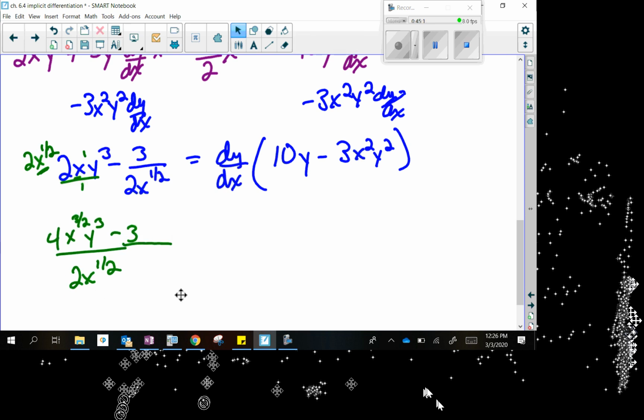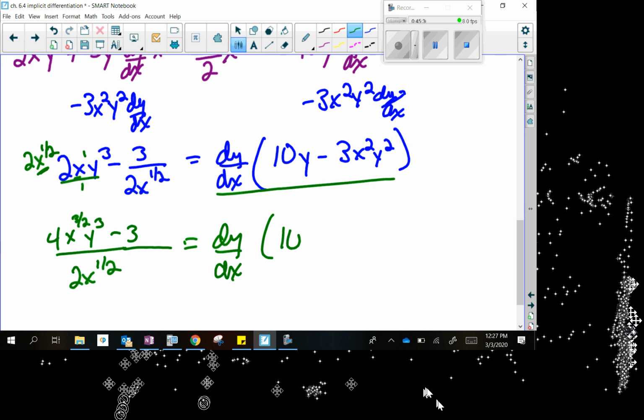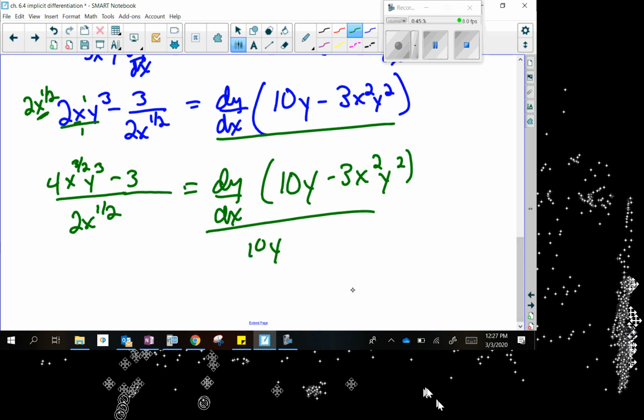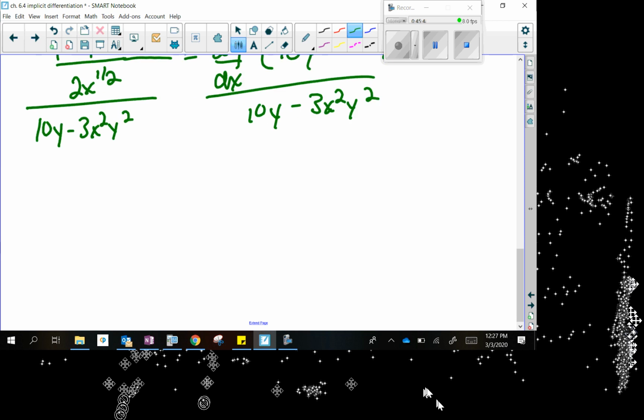Okay, so now I am going to do what? Right, divide by my, hang on. I'm going to divide by this, 10y minus 3x squared y squared. And again, when I keep change flip, let me write that out again.